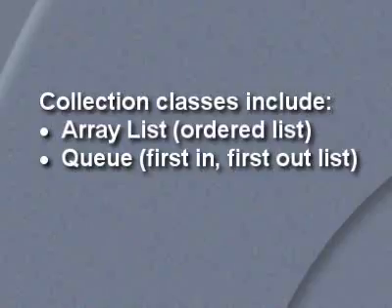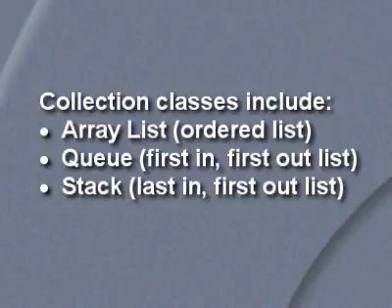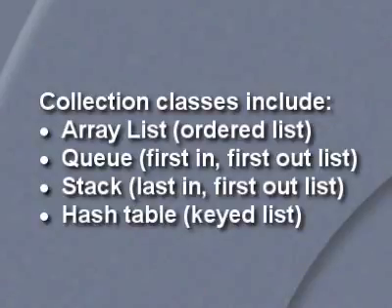A queue represents a collection of objects where the objects are on kind of a first come, first served basis. Think of a queue as like a line forming at a bank. You use a queue when you want to discard objects as they're being processed. A stack, on the other hand, represents a last in, first out collection of objects, where a hash table uses a key to access elements in the collection.